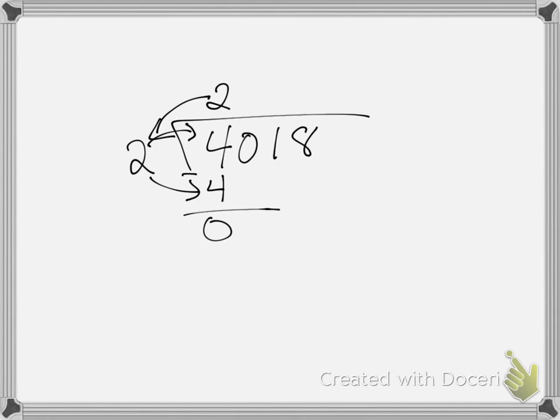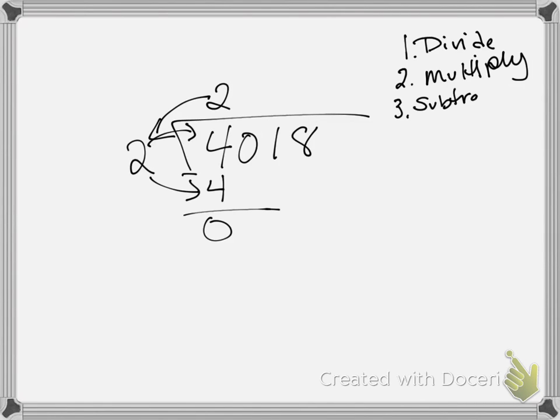All right, so step 1 is you're going to divide. So 2 is multiply. So 3 is to subtract. 4, bring down.